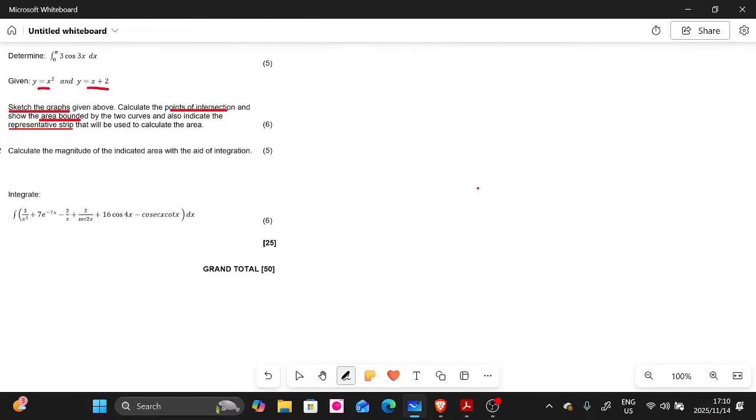Let's start with y1. Let's call this one y1. Y1 is equaling to x squared, right? And y2, let's say, is the one that is equaling to x plus 2. There we go, right? Just call them y1 and y2.